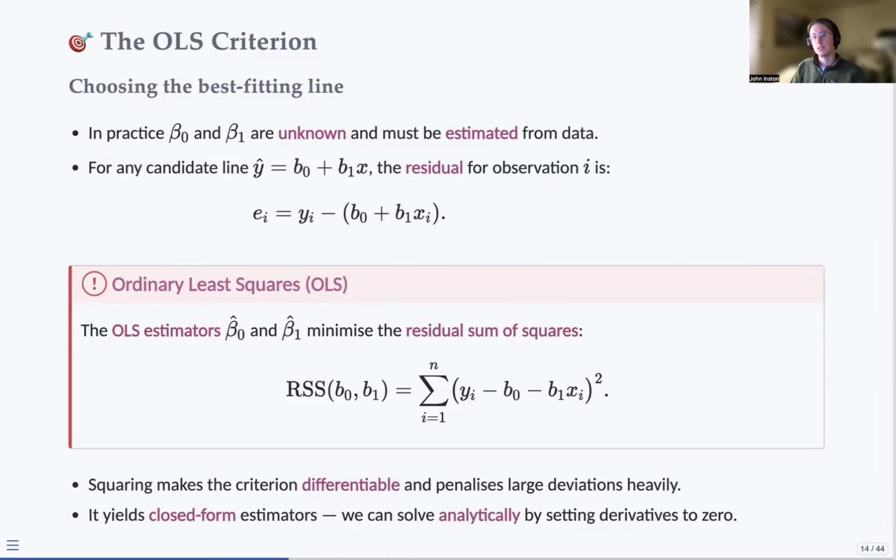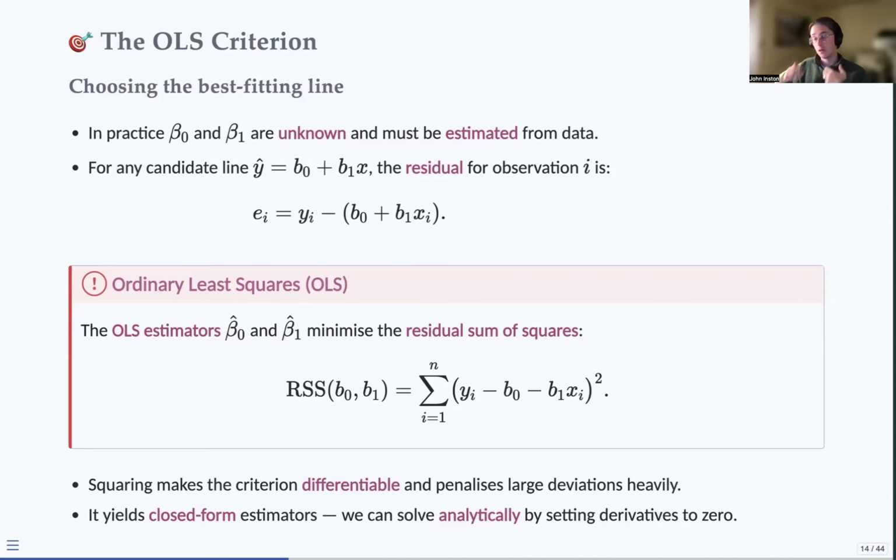So as I mentioned in previous classes, and I keep saying that, I apologize, one of the great benefits of simple linear regression and linear regression in general is that we can have these closed form solutions for our estimates. And we can do that using the methods we've learned in calculus, whereby if we have a differentiable function, we compute the derivative with respect to what we're minimizing over, and we can then find the maximum and minimum values.